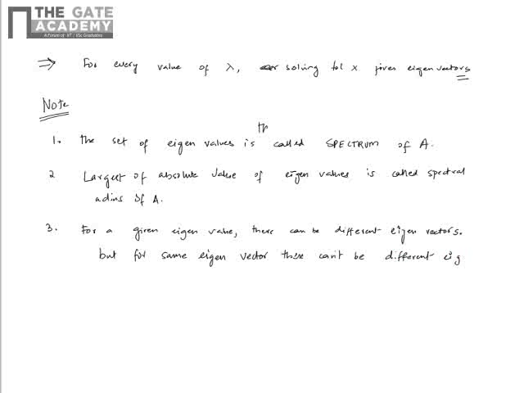What it means is that for a given eigenvalue there can be different eigenvectors, because the set of simultaneous equations has infinite solutions, as you all know, for the non-trivial case. So you have a lot of options. For a given eigenvalue you can have different eigenvectors, but the reverse is not true. For the same eigenvector there can't be different eigenvalues. We'll see all this, but let's first take an example. So this is just the definition here.